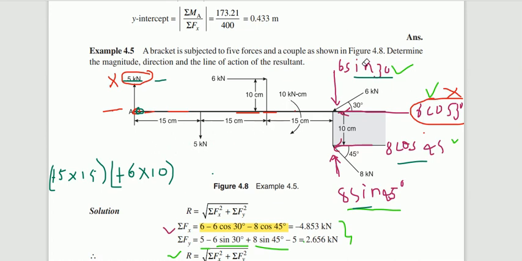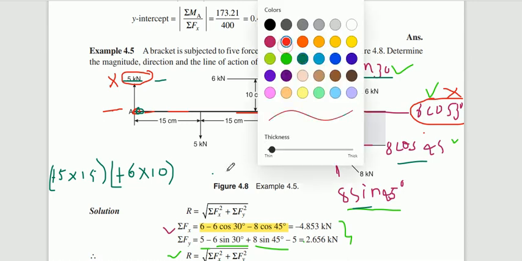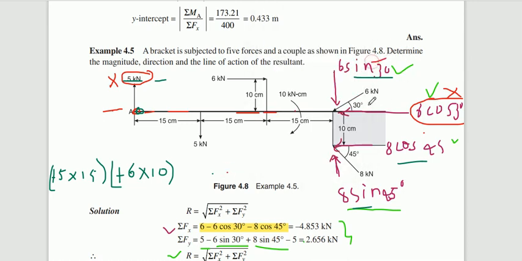Now moment due to 6 sin 30 about point A. The entire force you need to consider. 6 sin 30 is the force and the perpendicular distance is how much? 45, correct, because our force is here and the point is here.